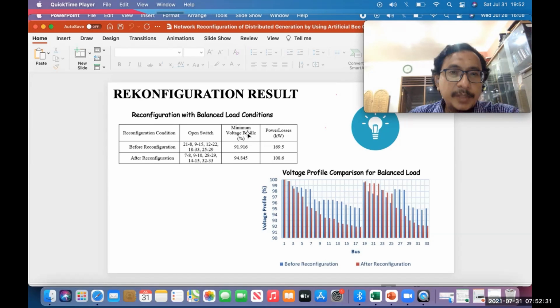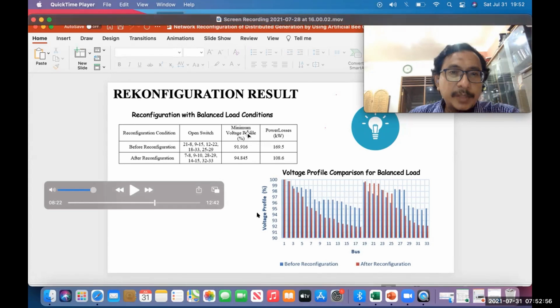After reconfiguration, the minimum voltage profile gets a good result. So reconfiguration is good for the voltage profile.